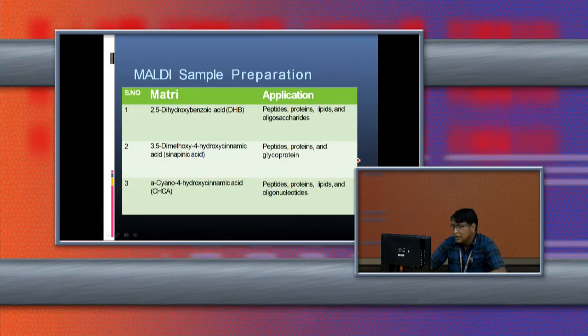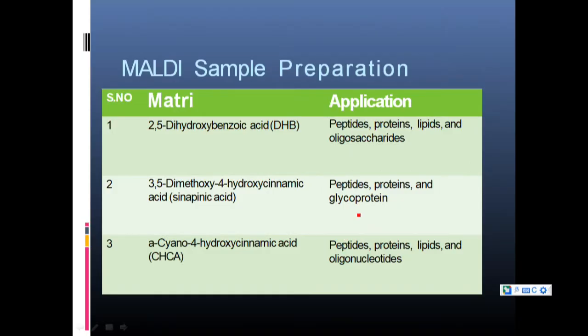Application. Where do we apply these matrix materials, right? If we use 2,5 dihydroxybenzoic acid, it will be applied in the case of peptides, proteins, lipids, and oligosaccharides, right? 3,5 dimethoxy 4-hydroxycinnamic acid is used against peptides, proteins, and glycoproteins.